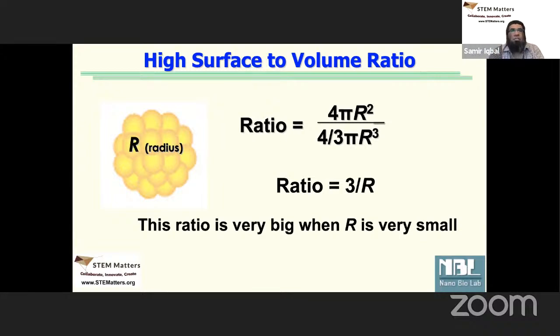Right? So this ratio becomes very large when R becomes very small. Why is that? Because when you divide something by a fraction, the total number goes up. This is again a simple concept.